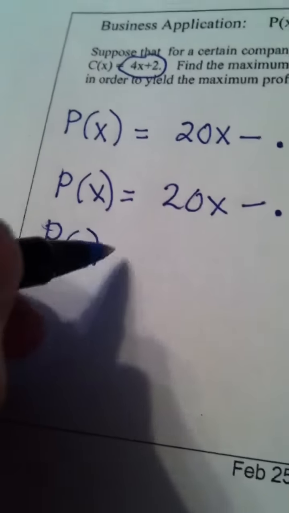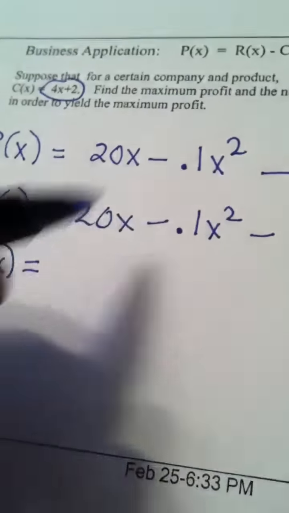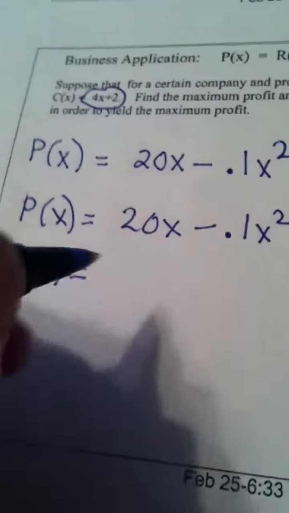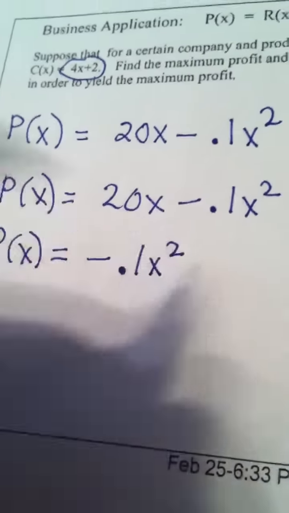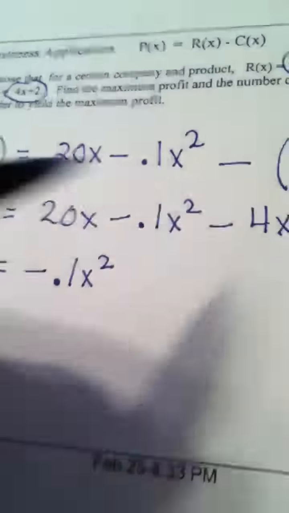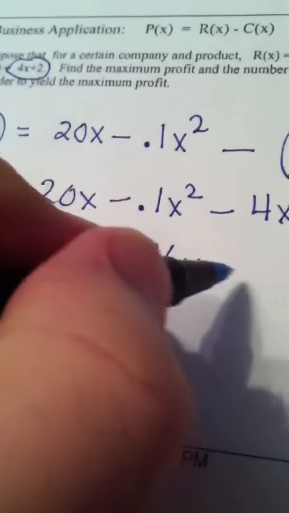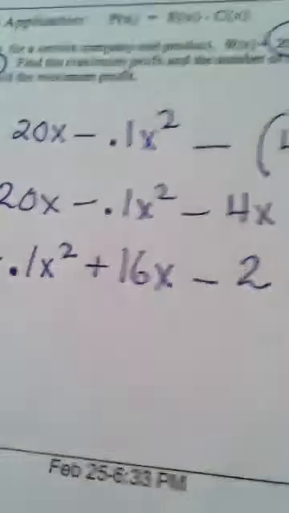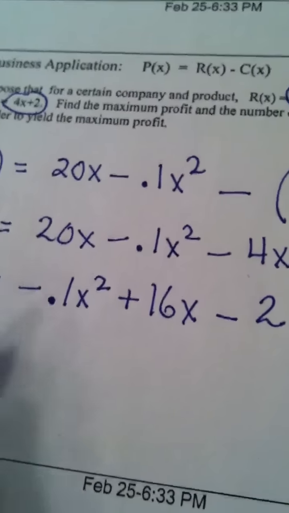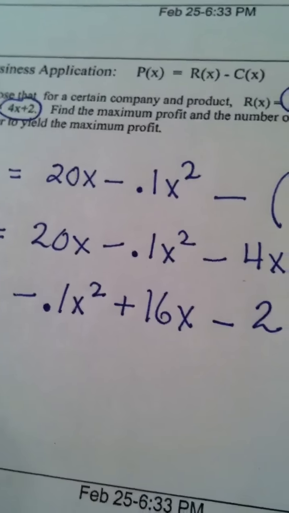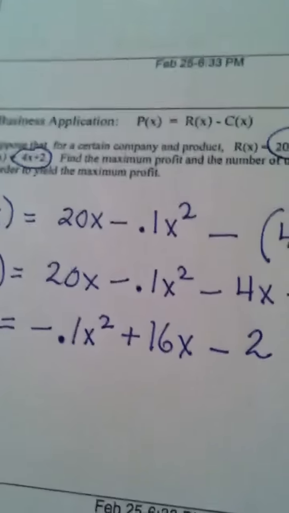The profit function is equal to. Let's put it in the correct order and collect like terms. We have the opposite of 0.1x squared. The 20x minus 4x is a positive 16x and a minus 2. Now we are trying to find the maximum profit and what causes the maximum profit to occur, what the x value would be to cause the maximum y value.